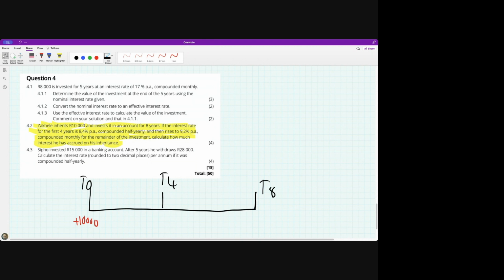Okay, so let's do this last bit. Interest rate for the first 4 years is 0.084. Half yearly is divided by 2, and then rises to I is 0.092 divided by 12.